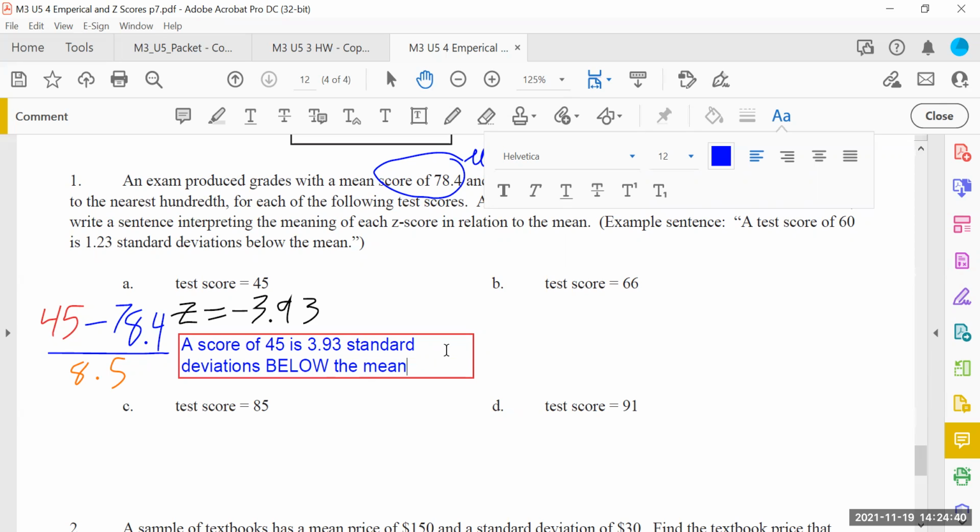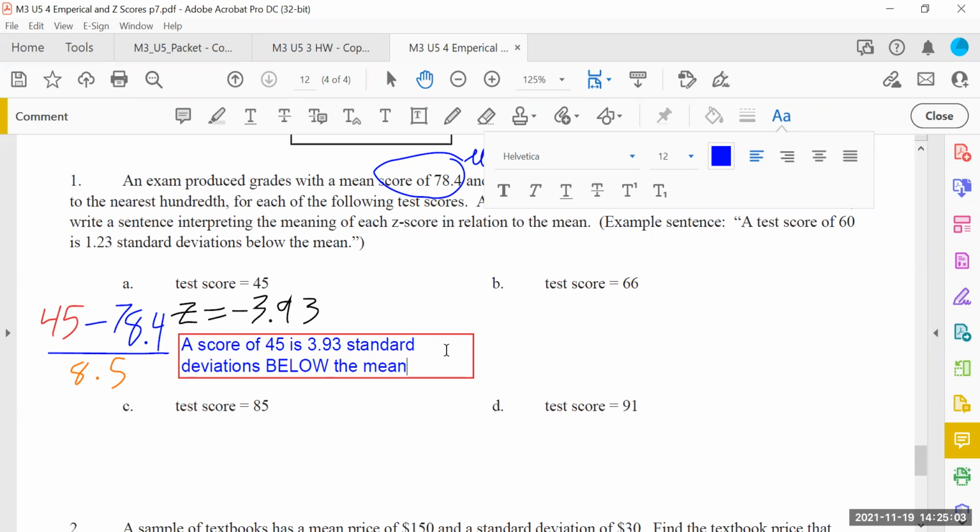Does that make sense to everybody? So I plug in the numbers, I calculate my z-score, and that tells me how far above or below the average I am. Now, is that a good score? No. It's not just a bad score, it's a horrendous score.